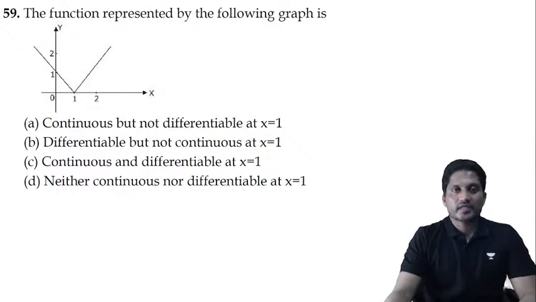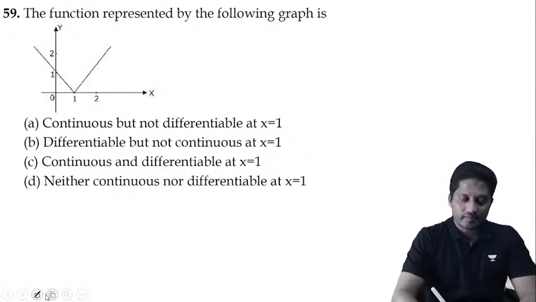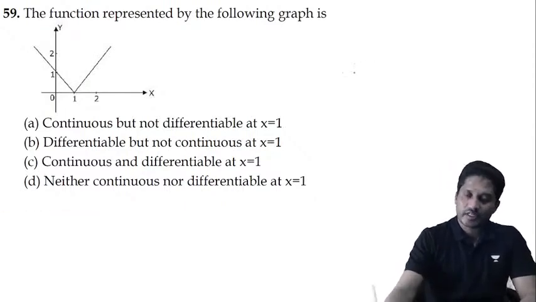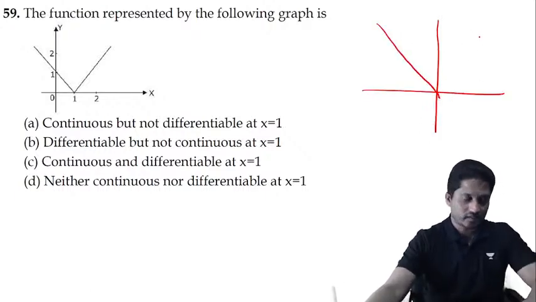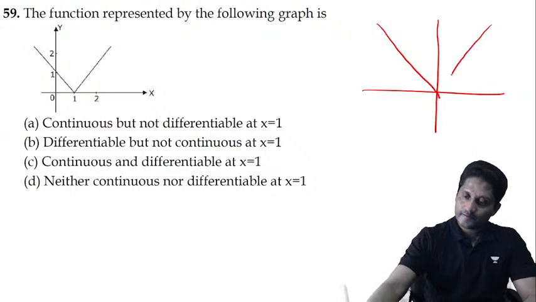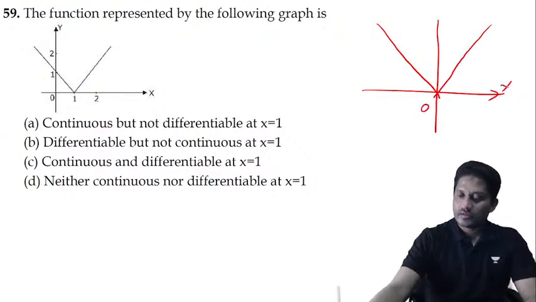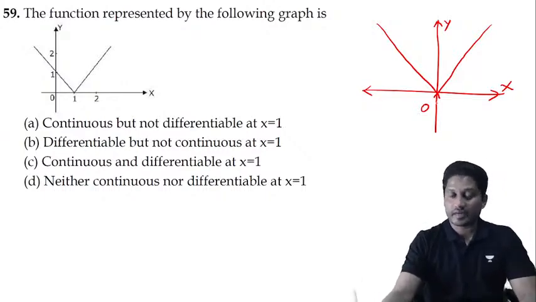The function represented by the following graph is given. Actually, the mod function is a V-shaped graph, and you get a sharp edge at 0 like this. Mod x is everywhere continuous. There is no break in the graph, but you get a sharp edge at 0.